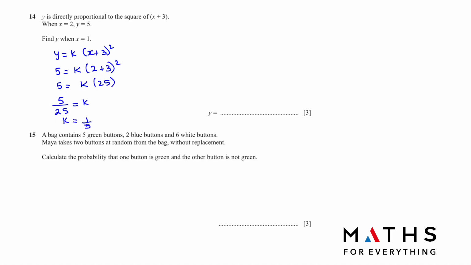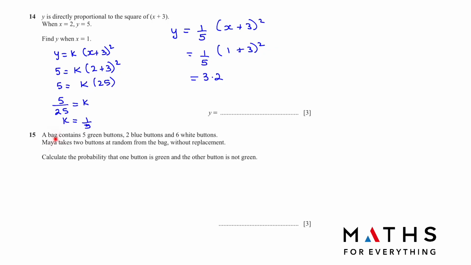Now that we found k is equal to 1 over 5, we will find y when x is equal to 1. Replace your k with 1 over 5, x plus 3 squared. Now replace your x with 1. You will get 3.2. That's your answer.